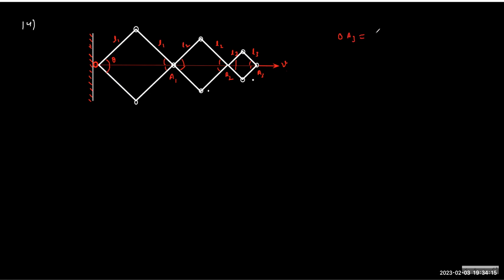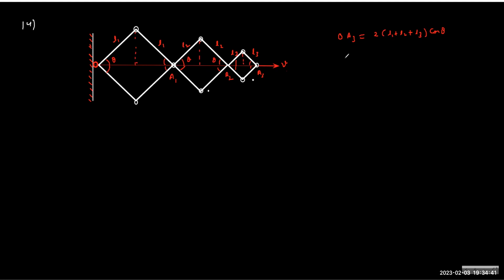So you can clearly see it's twice (L1 plus L2 plus L3) cos theta. Am I right? You can resolve, take the component from here. L1 cos theta 2 times, L2 cos theta 2 times, and L3 cos theta 2 times to get the OA3. Am I right?